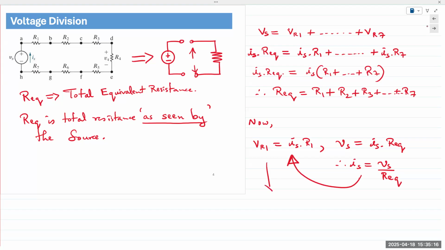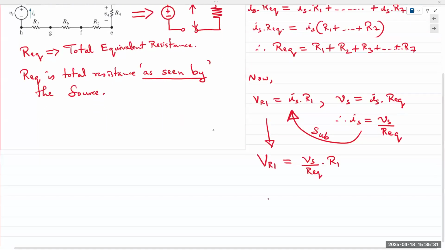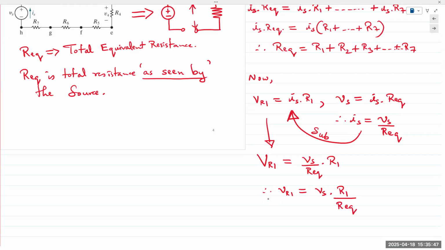Once we do that, we get VR1 is equal to VS over Req times R1. And therefore, after we rearrange the terms, I can write VR1 is a fraction of VS, and the fraction is given by the ratio of the resistor R1 to the total equivalent resistance in that circuit.